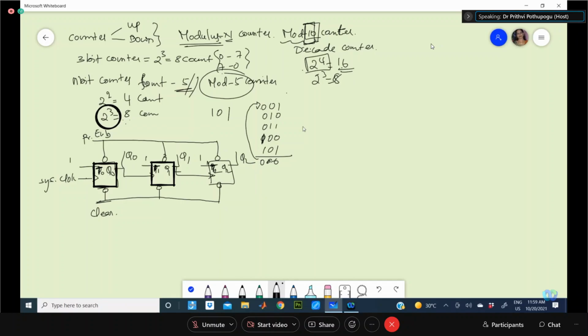On counting 5, Q0, Q1, Q2 is 101. Only Q0 and Q2 have values of 1, where we want to reset. Those will be taken and given to a NAND gate, and this will be the signal. What is happening now?